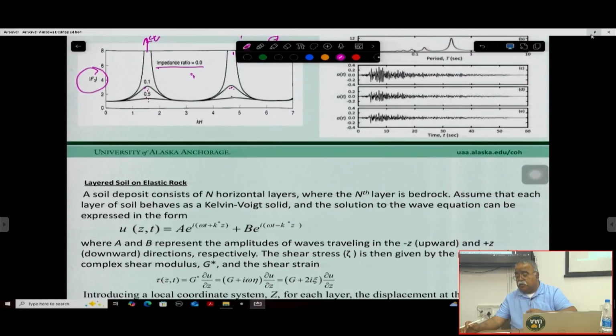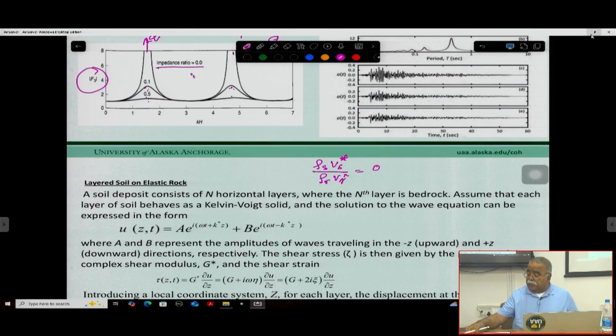So impedance contrast, if it is 0, that means rho s Vs prime equals rho r Vr prime, right? So that will be equal to 0 means that rho s Vs equals 0, right? So that's a hypothetical case, or might be approximately 0. So then this value will be infinite.